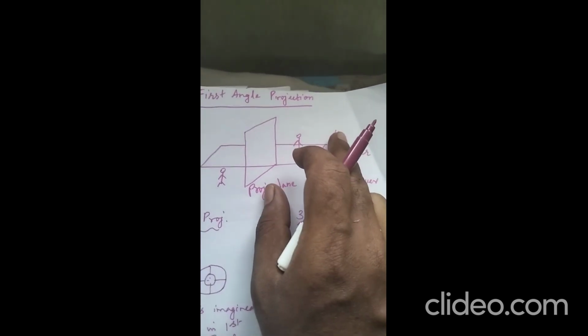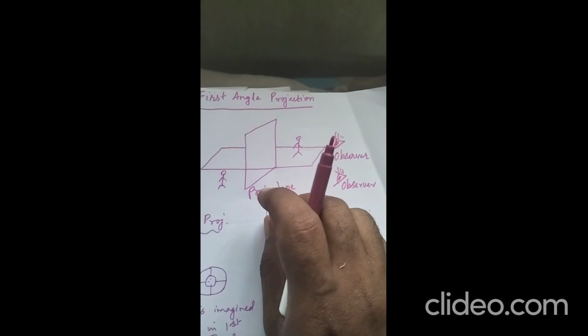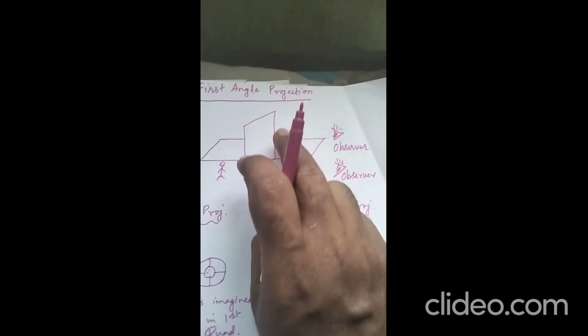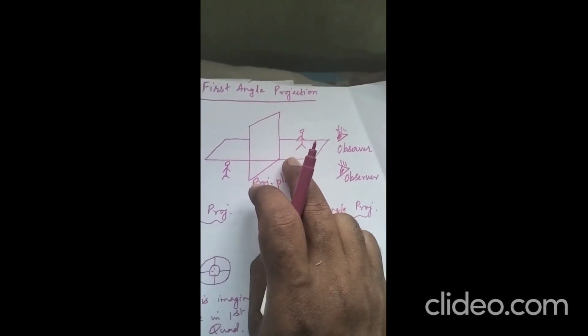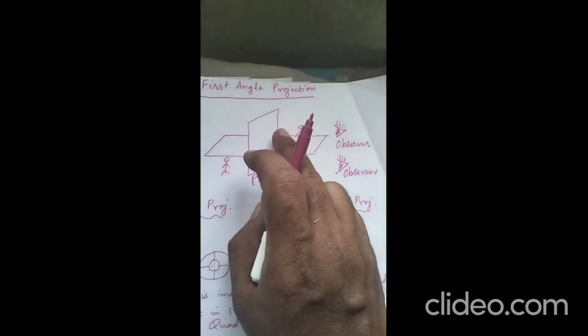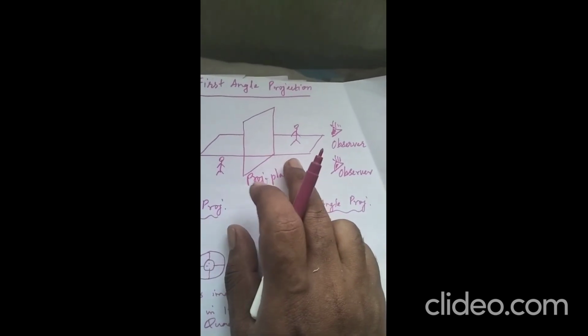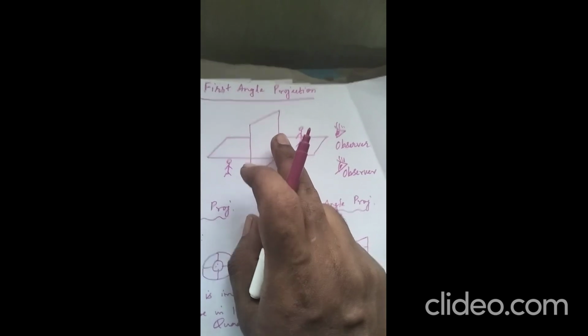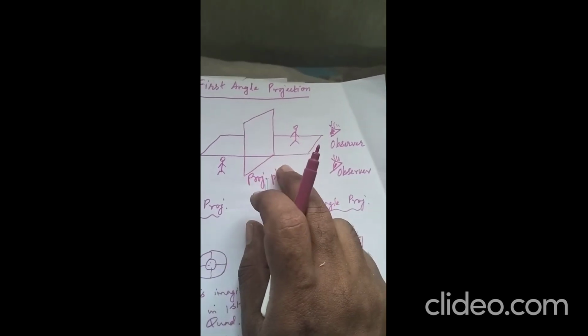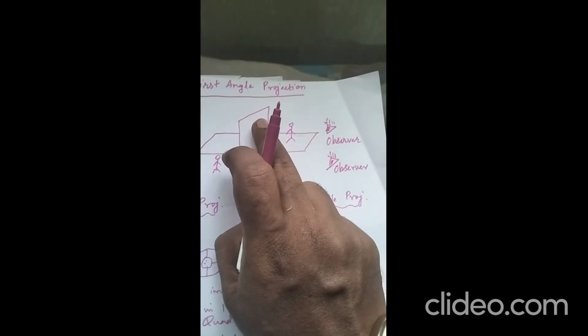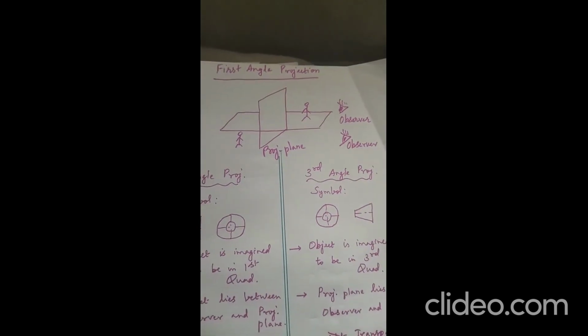Whereas if the same observer shifts to the top, that is 90 degrees above, and sees the object from the top, this is called the top view. The intersection between the vertical plane and the horizontal plane is called the XY line. So below the XY line we get the top view, and above the XY line we get the front view in the case of first angle projection.